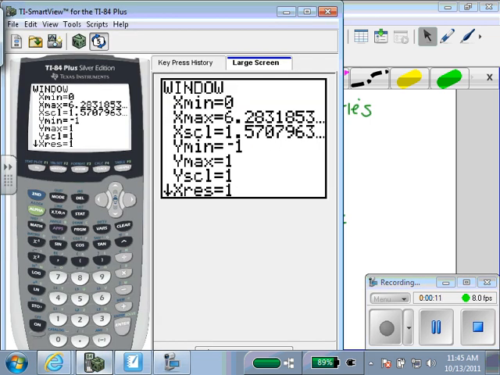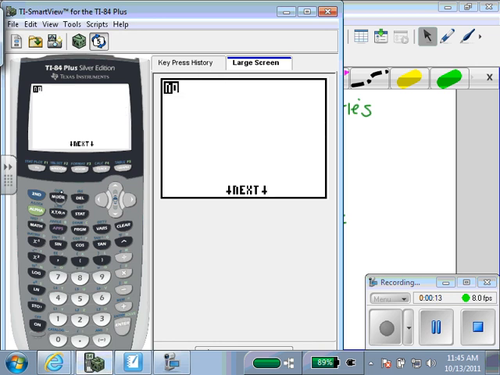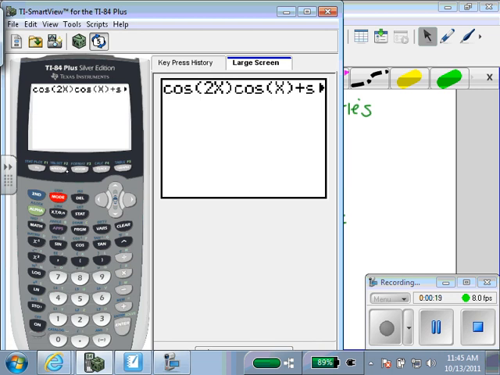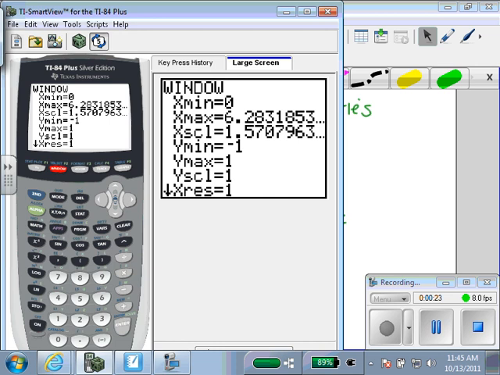So I would invite you to take out your calculator, make sure it's in radian mode, and then set the window so that it goes from 0 to 2 pi by pi over 2s, and from -1 to 1 by 1s.